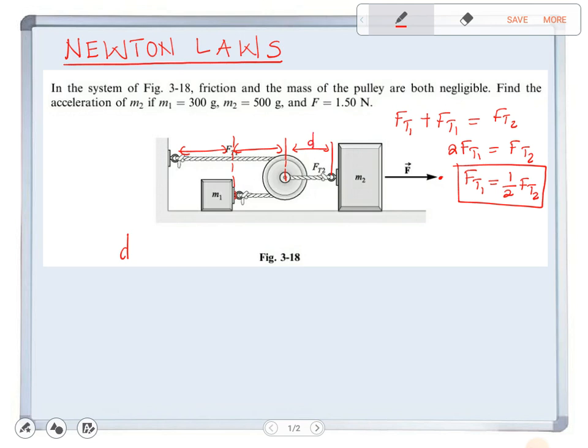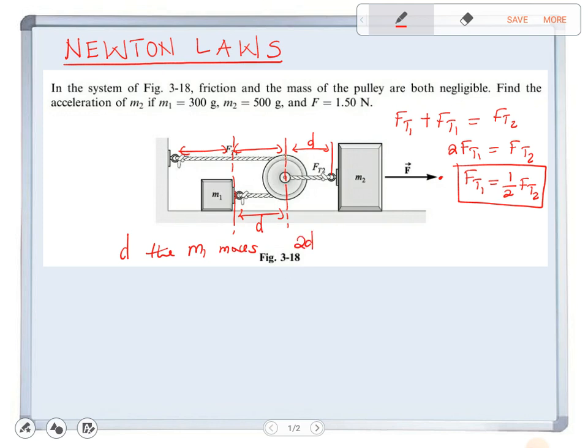So you discover that when mass 2 moves a single distance, or let me say when the pulley moves distance d, I can call it anything, the m1 moves 2d.